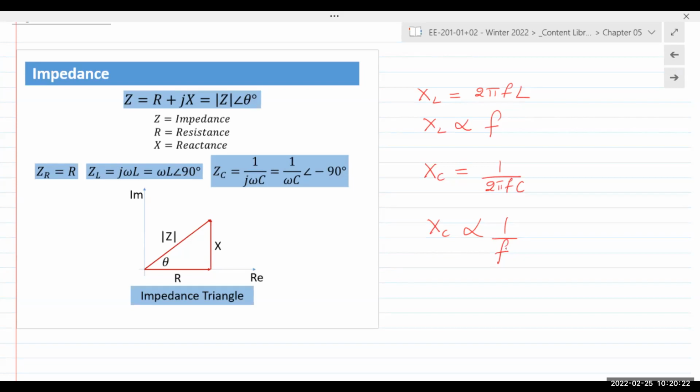Now, we again use complex numbers to describe this quantity. Resistance is direct opposition, reactance is indirect opposition. To make the math easier, we describe it using complex numbers as a vector quantity. This is not a phasor, okay? This is simply a mathematical representation.